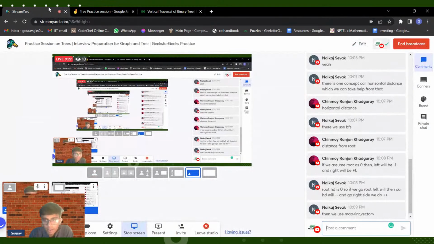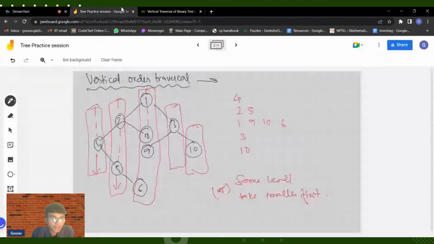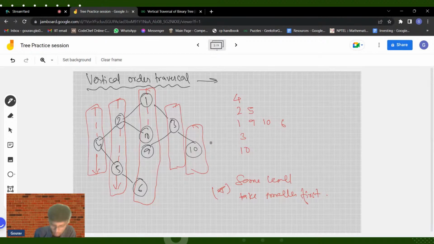After that, what should we do? Root should be 0, and if you go to the root's left... yes, Naika, you are also correct, and Chinmay, you are also correct. In fact, I would be using that concept only to solve this question. We have to make 2 parameters. The first parameter would be the vertical number, and the next parameter would be the level number.